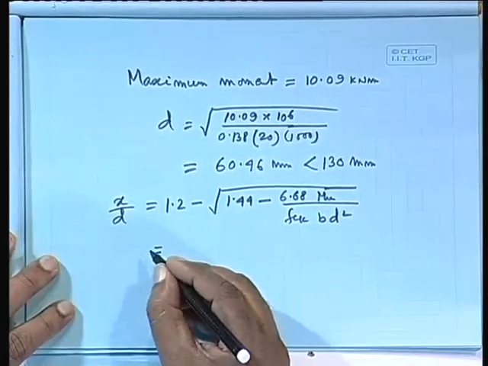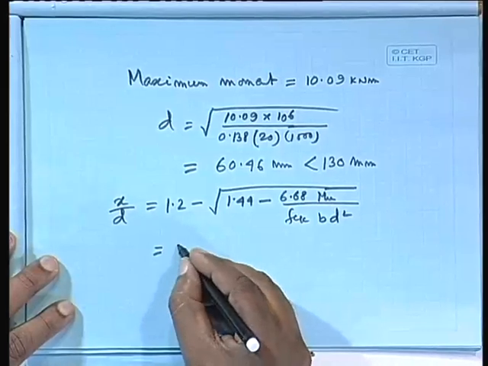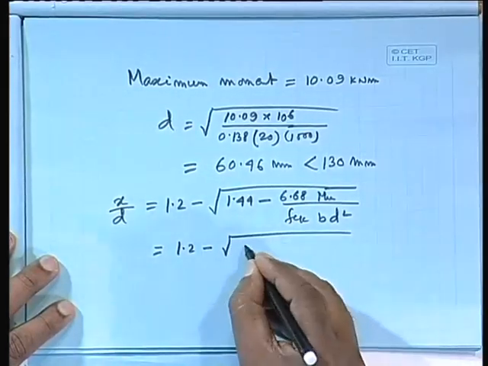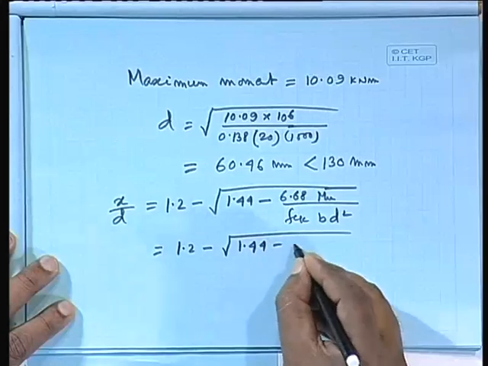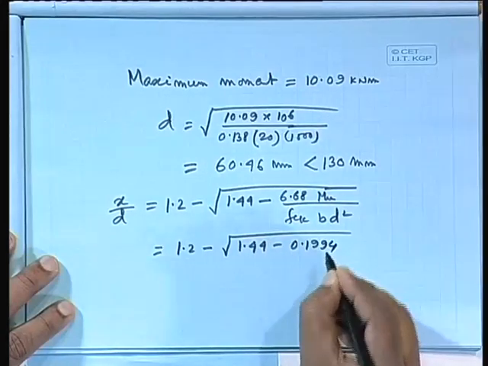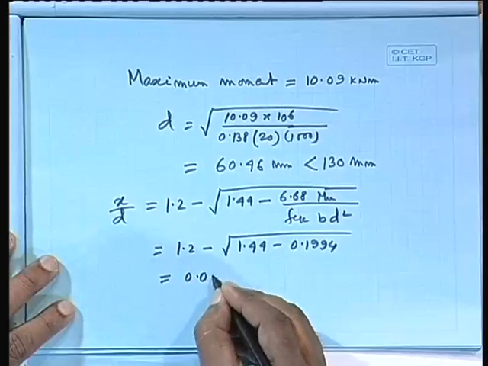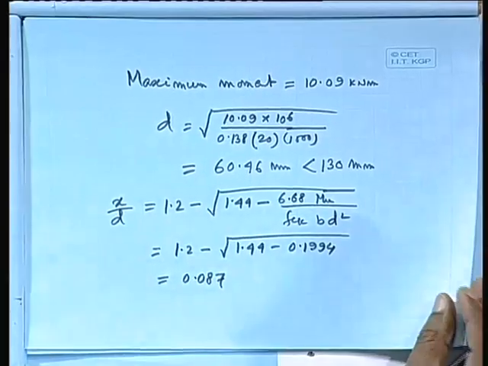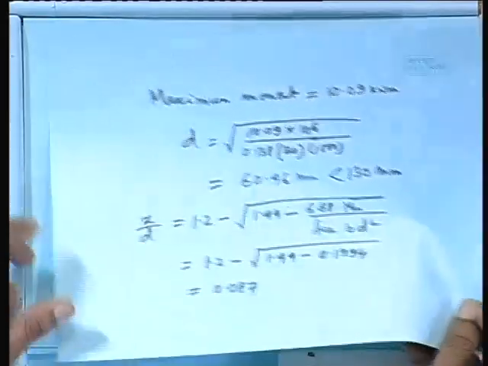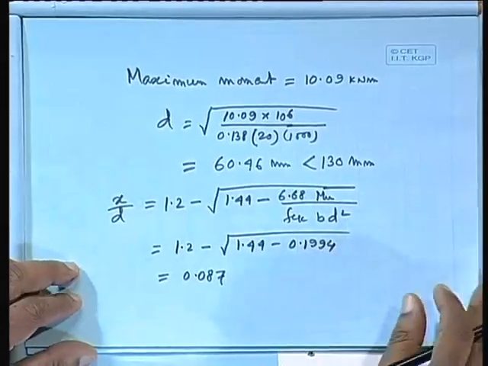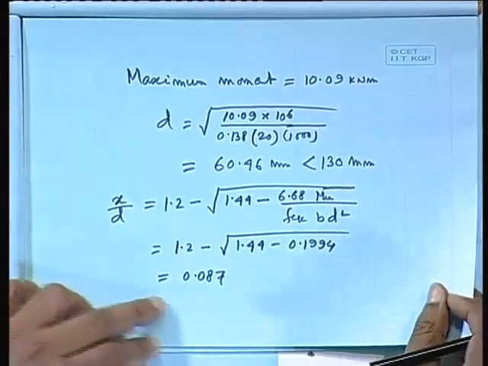I am not going in detail, which comes as 1.2 minus root over 1.44 minus 0.1994 equals 0.087. We are going a little fast, anyway x by d equal to 0.087. So, you check these values.